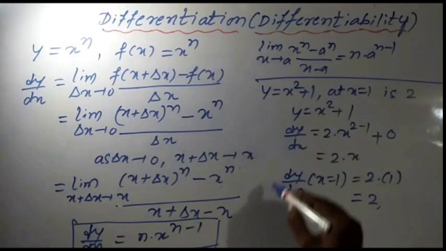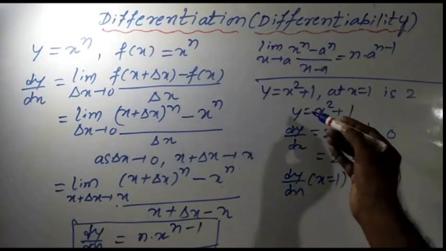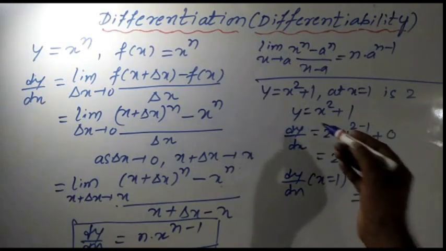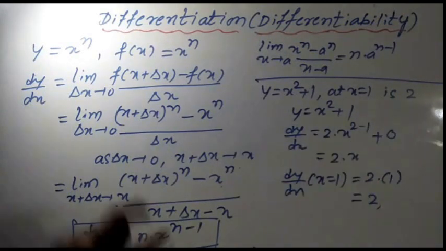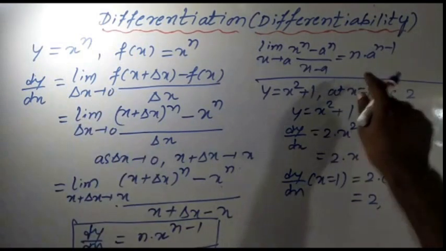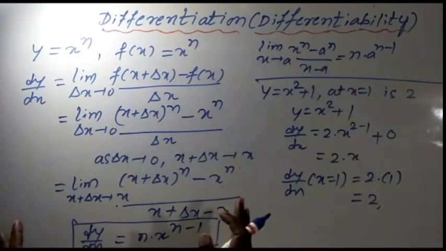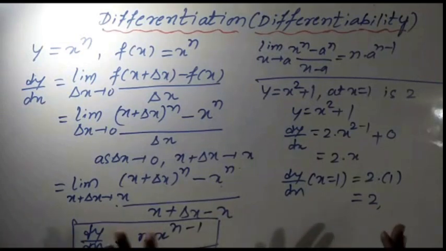This is very simply solved by finding the derivative using first principle. The result becomes the simplest form. This is the actual meaning of derivative. Okay, thank you very much.